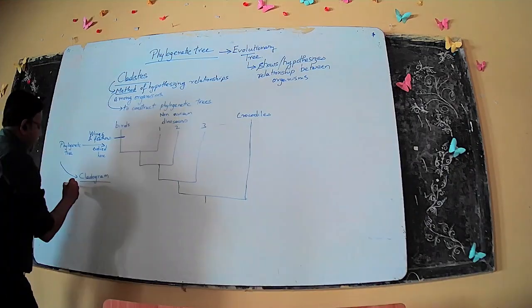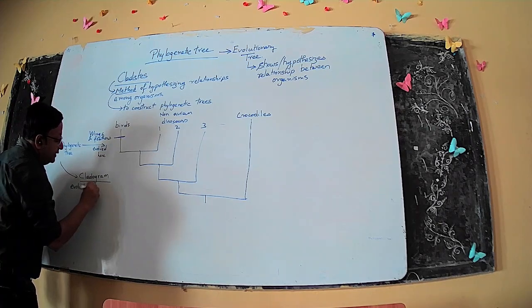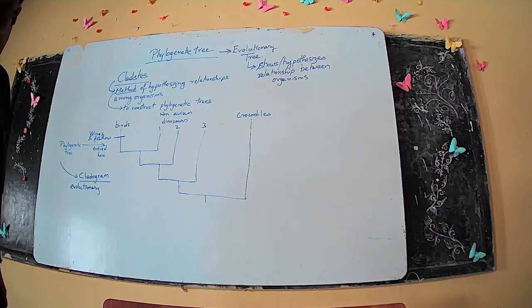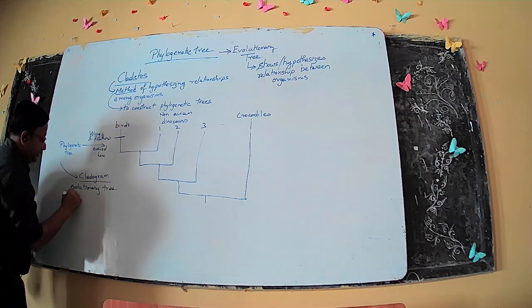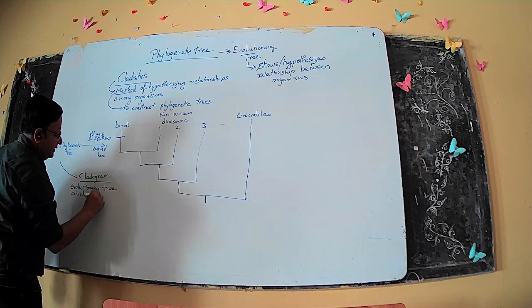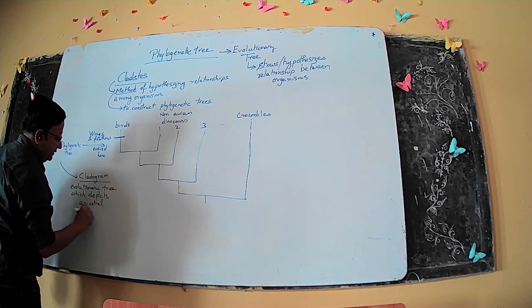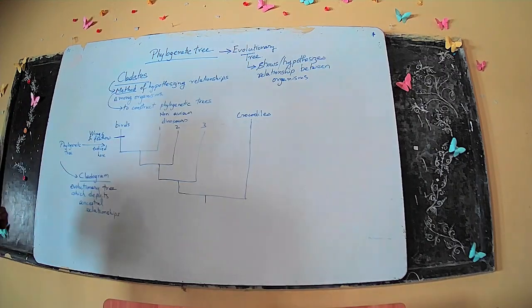So a cladogram can be defined as an evolutionary tree which depicts ancestral relationships. This is another definition of a phylogenetic tree.